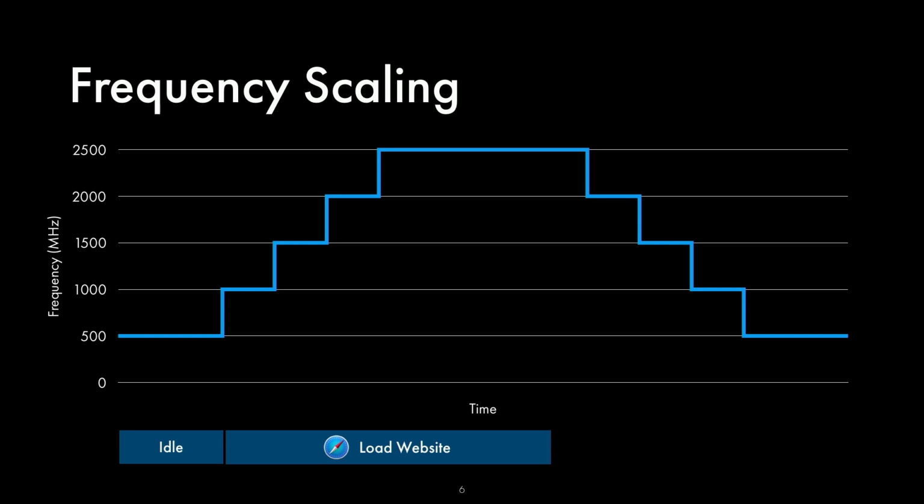When the website is finished rendering and the system is idle again, it's going to decrease the frequency over time, and then you're going to get the same energy savings that you had at the beginning. Important to note here is that it's stepped. It's not continuous. So there's a discrete number of frequencies that are possible, and the scheduler is responsible for deciding what the frequency needs to be based on the load.